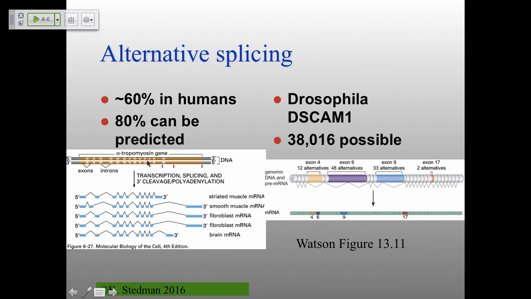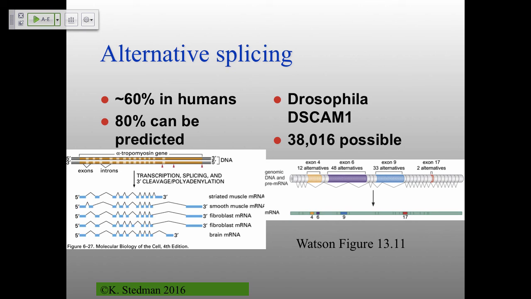Turns out that other organisms, and particularly the fruit fly, go really nuts as far as alternative splicing is concerned. This is one gene in Drosophila, DSCAM1, which can generate 38,016 different splice variants, and probably actually does generate these 38,016.